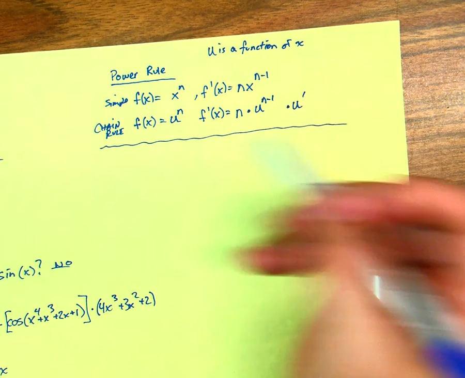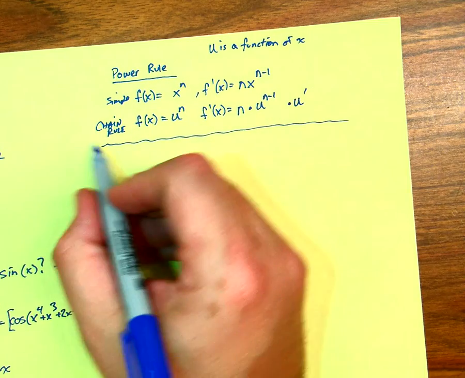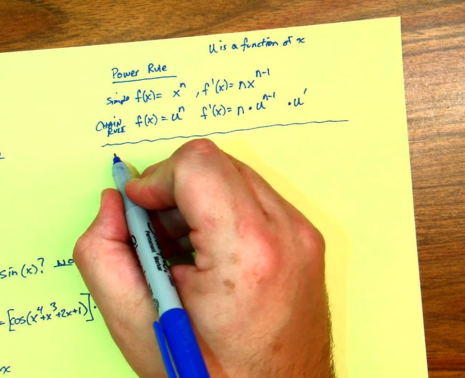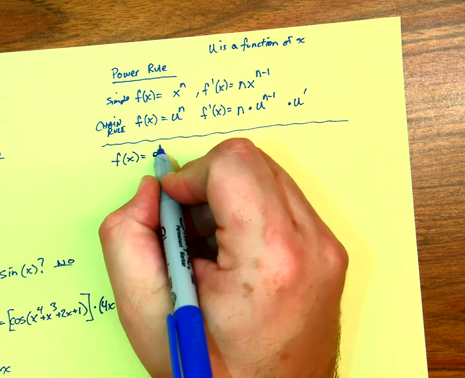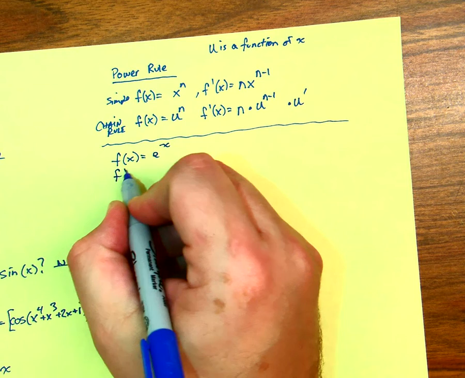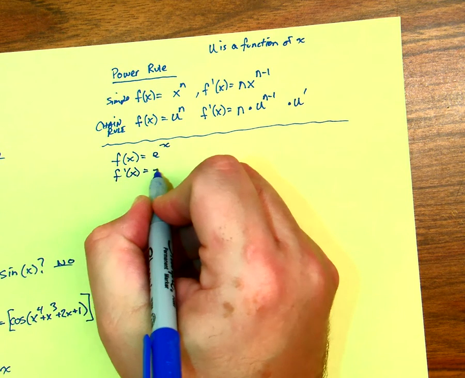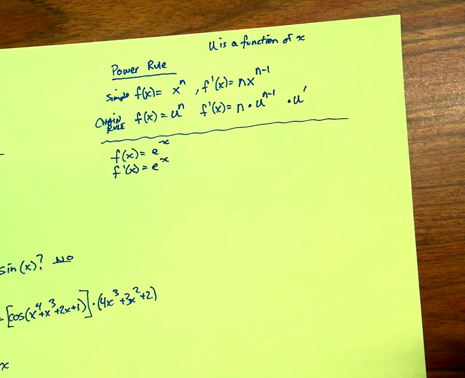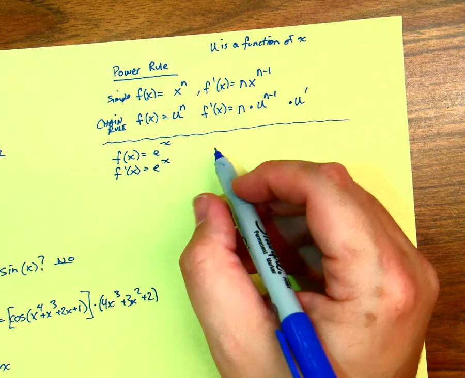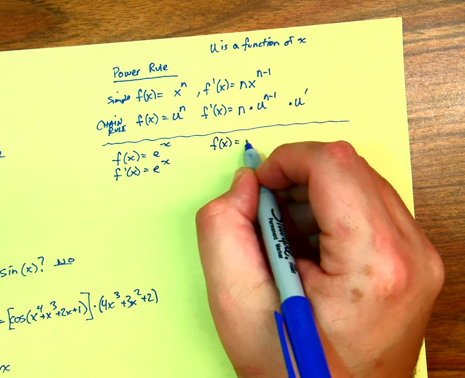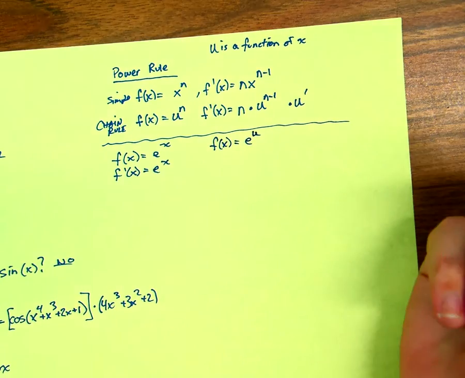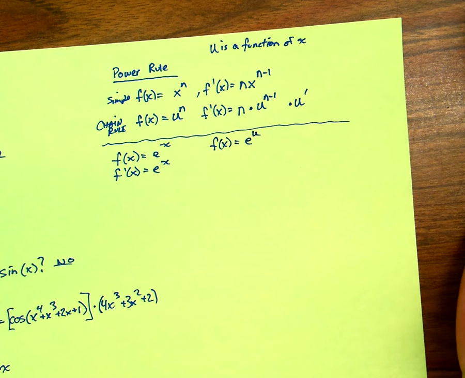Now, let's say f of x is equal to e to the x. What's f prime of x? E to the x. It's nice and simple. If f of x was equal to e to the u, where u is some weird thing, because I guarantee you that when we're dealing with e to the something or other, we're dealing with exponential growth or decay.